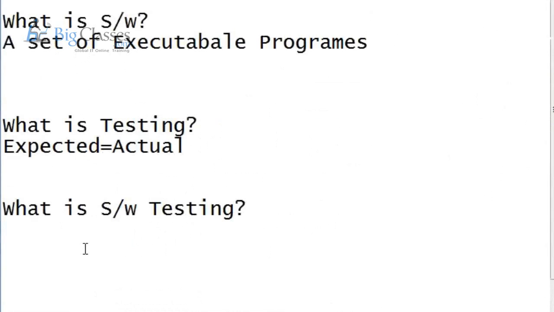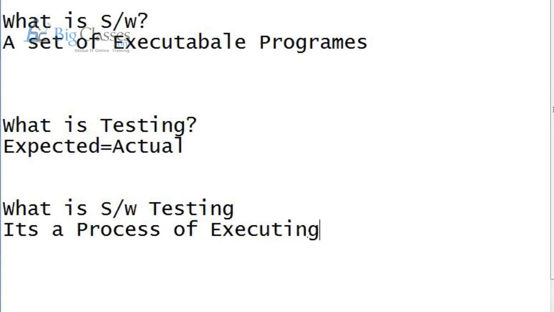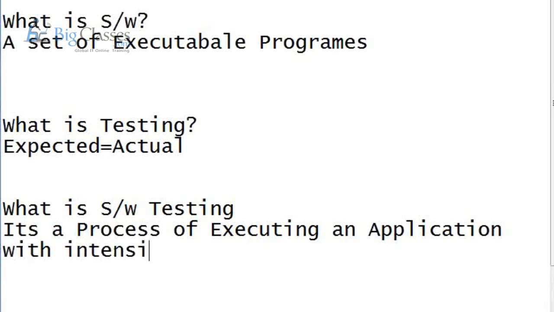I am writing here the definition. It's a process of executing an application with an intention of finding defects.